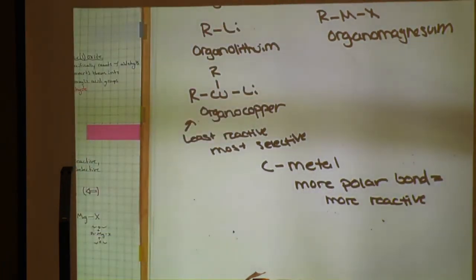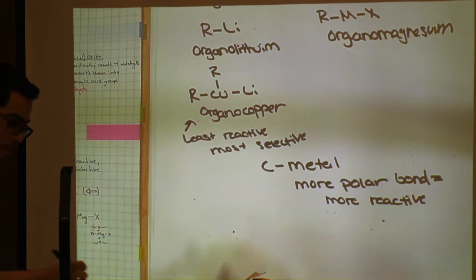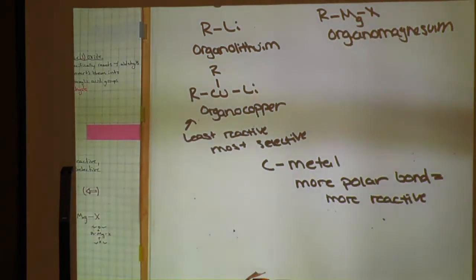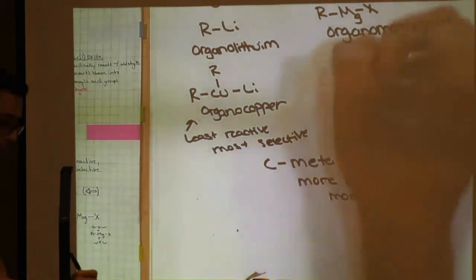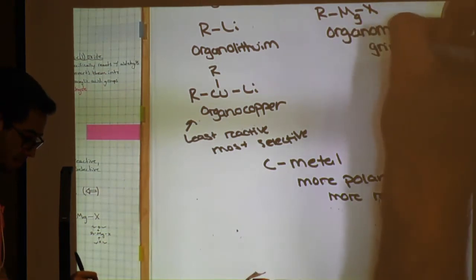So organocopper has a less polar bond. Also, copper has a charge of +1, right? And so you can fit on 2 R groups onto that copper, where the rest of them you can only fit on 1. Magnesium has a +2, so you're going to result in a more polar bond. And that's why it's more reactive on organomagnesium versus organocopper. This is the Grignard, if you remember, and that's Gilman's.